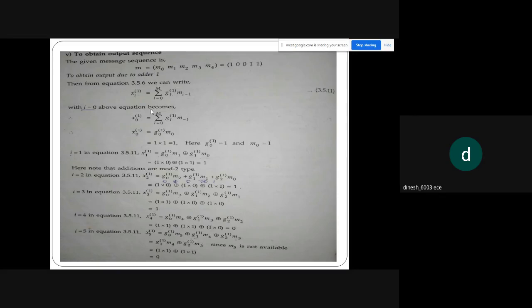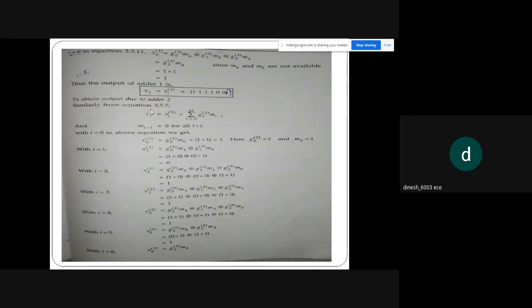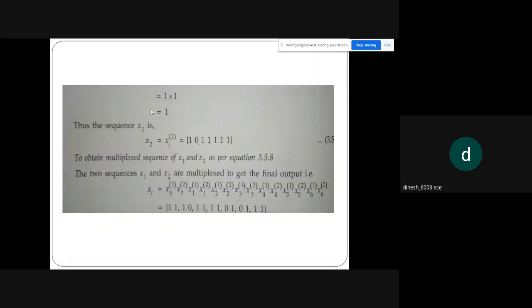Now we have to do this with iterations i equal to 0, 1, 2, 3, 4, 5, 6 for x1. Similarly, we need to do it for i equal to 0, 1, 2, 3, 4, 5, 6 for x2. Okay.